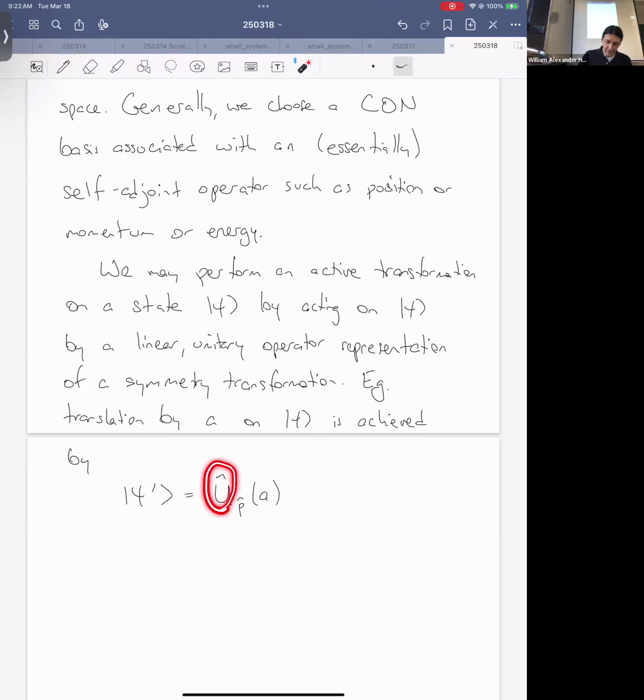So it's some unitary operator associated with the momentum operator, which is the generator of translations. And I'm translating by a distance A, and this operator is acting on my initial state. And we know that this is given by e to the minus i a p hat acting on psi.